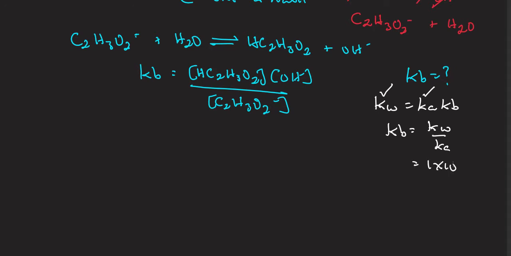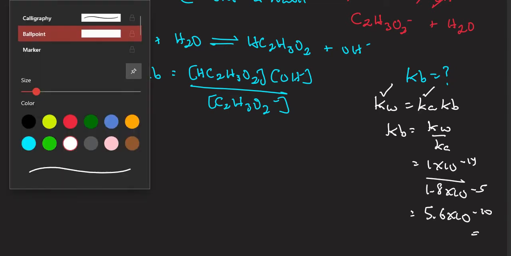That's 1 times 10 to the negative 14 divided by our Ka value given to you in the question. And we get a Kb value of 5.6 times 10 to the negative 10. Quite low.